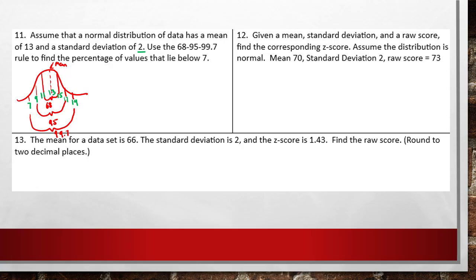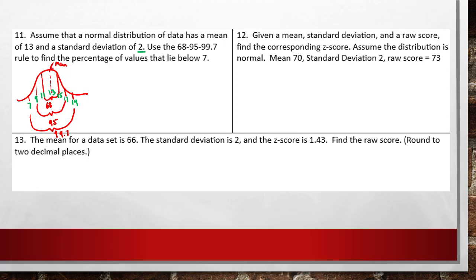So we want to know what is the percentage of values that lie below 7. Well, below 7 is just this teeny tiny little piece there, right? So what is left over to be below the 7? Well, I already know that whatever these two pieces are left, between 7 and 19 is 99.7% of our data, right?